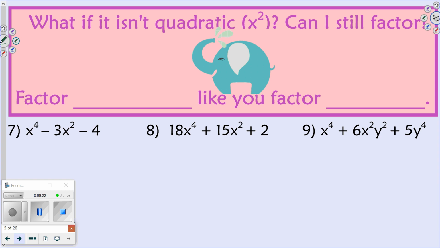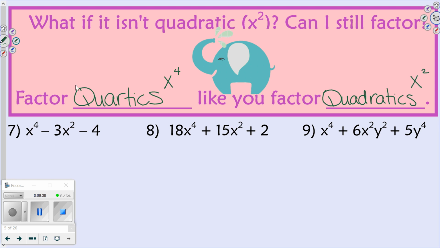So the easiest ones to factor next are quartics, x to the 4th. You factor them like quadratics, with x squared. Like your original problems, ax squared plus bx plus c, it went from an x squared to an x to the first, cut in half.